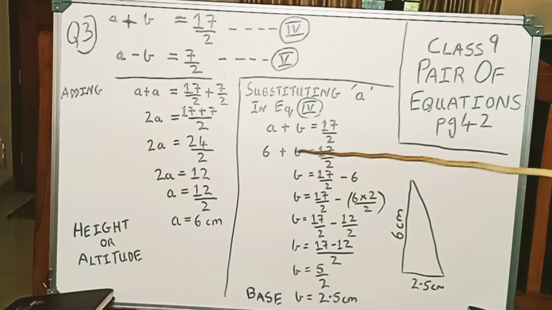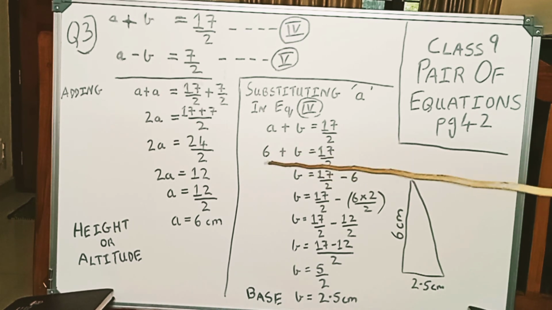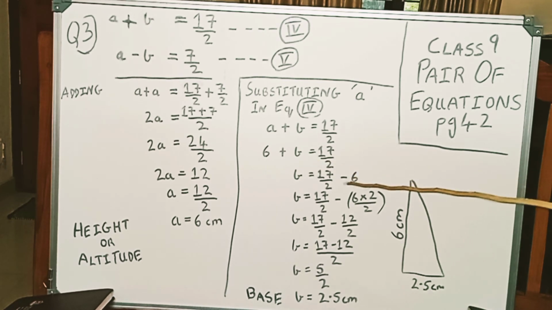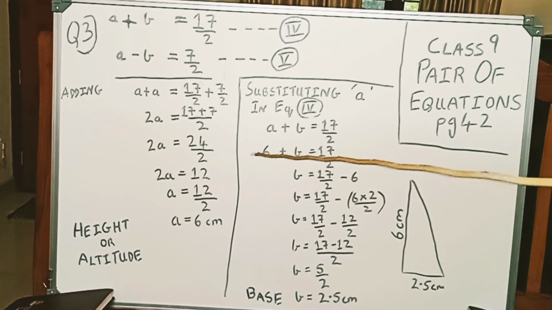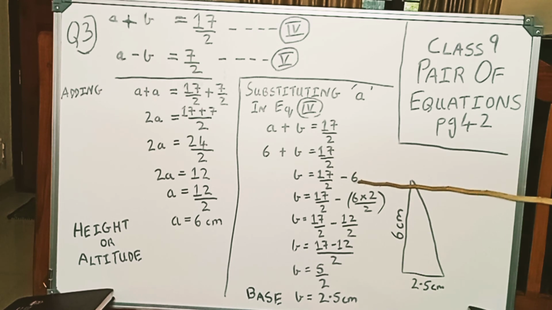When this 6 is taken to the opposite side, the sign changes from positive to negative. So b is equal to 17 divided by 2 minus 6.